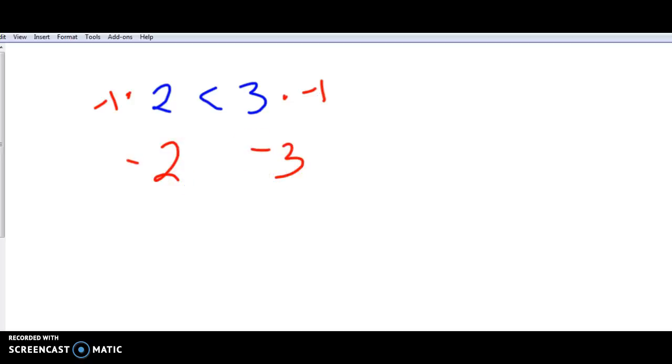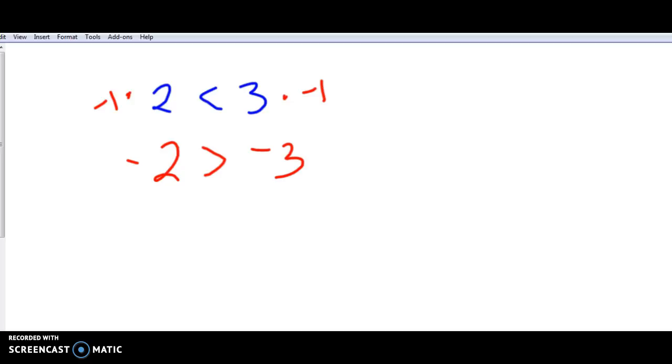So if you think about it, which number is smaller? Is the negative 3 smaller or is the negative 2 smaller? If you think about it on a number line, the negative 3 is farther to the left, so the negative 3 is smaller. So when you multiply by a negative, you're essentially flipping to the other side of the number line, and that causes you to need to flip that sign.